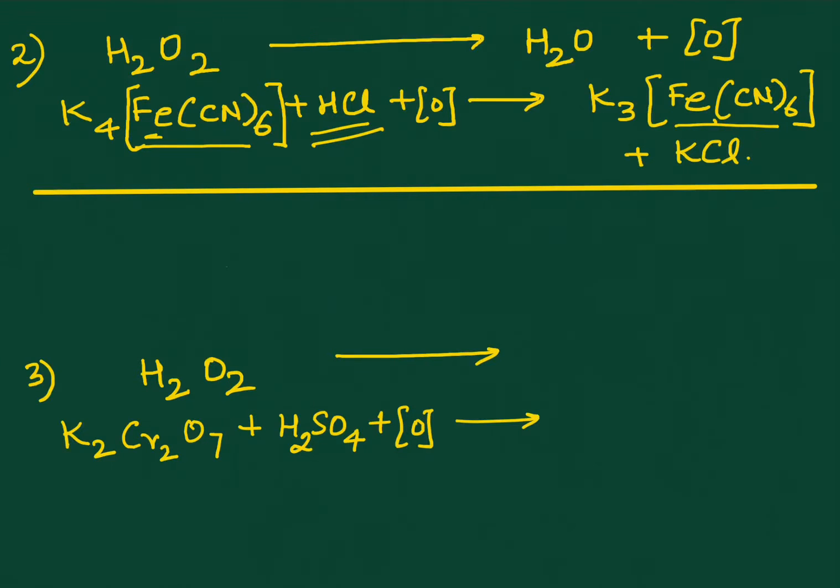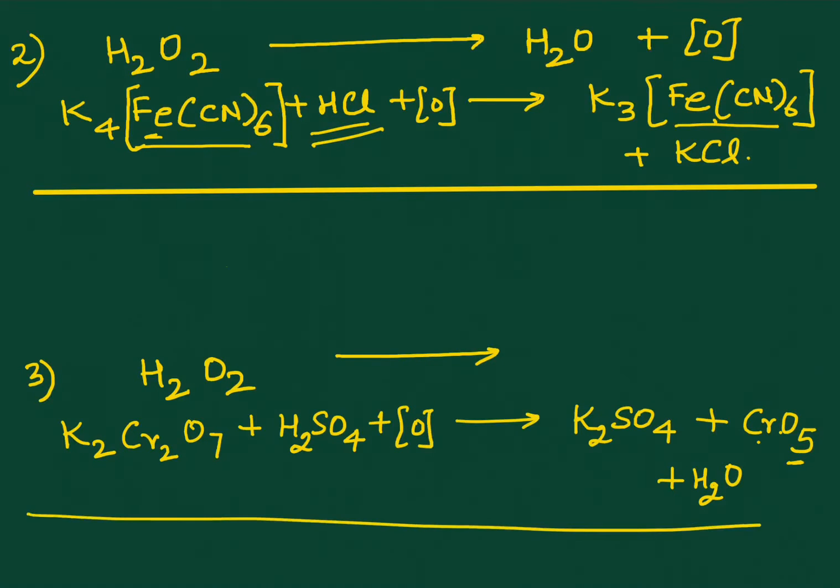Here in this case it gets converted into K2SO4 plus a blue colored compound is formed, and that's called chromium pentaoxide, and of course water. Now you've got the 2 partial equations. Balance them, no profit, no loss, add the equation.